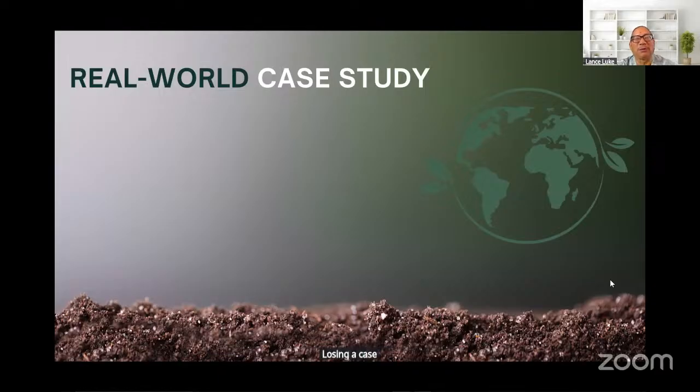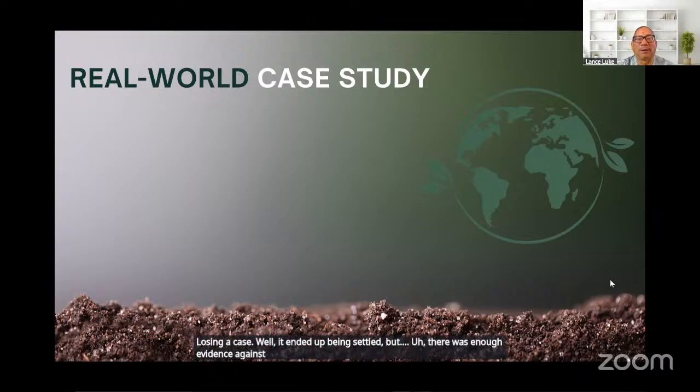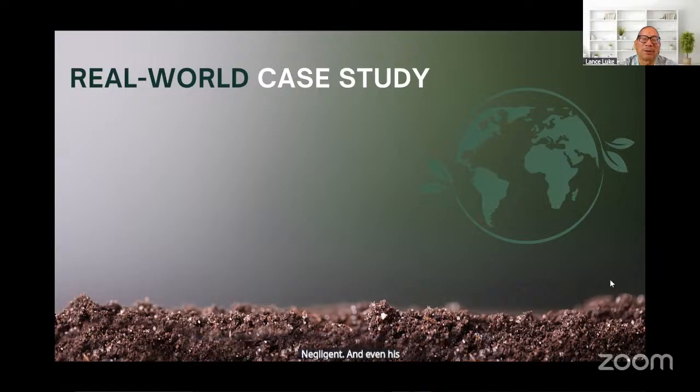Well, it ended up being settled, but there was enough evidence against him for being negligent. And even his subcontractor, when the subcontractor had his deposition taken, he said, oh yeah, when I started digging the soil to lay the footing, I noticed that the soil condition was not that good, was not optimum, was bad.